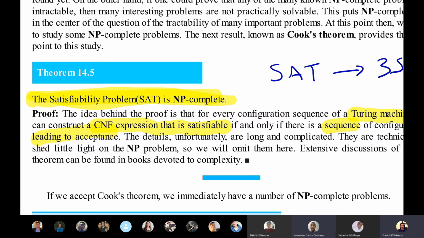So of course there is a relation between the size of the formula and the Turing machine to be able to make sure that you have a polynomial non-deterministic time algorithm. But I mean, those are details that we are not going to cover in this course.